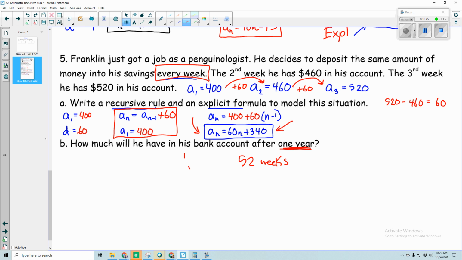So I can take my formula here and plug in 52 for both of those n's. This is going to tell me how much money he should have after a whole year has gone by. So 60 times 52 plus 340 gives me $3,460.